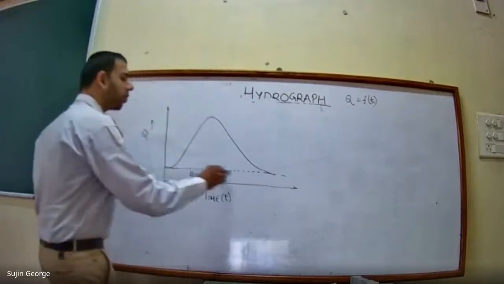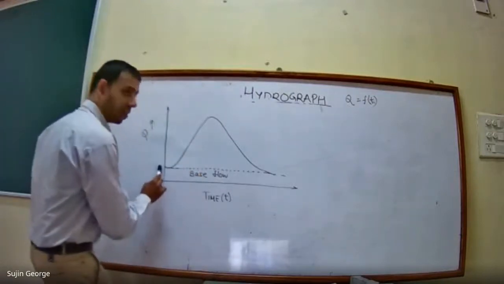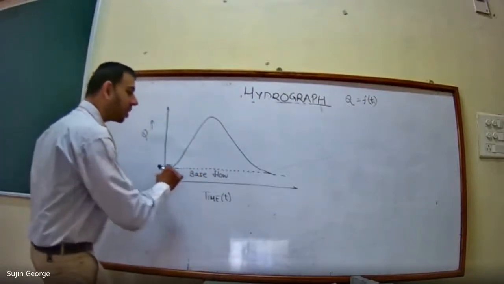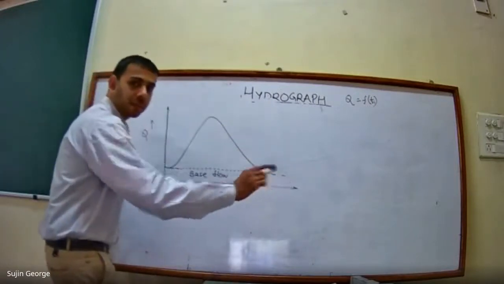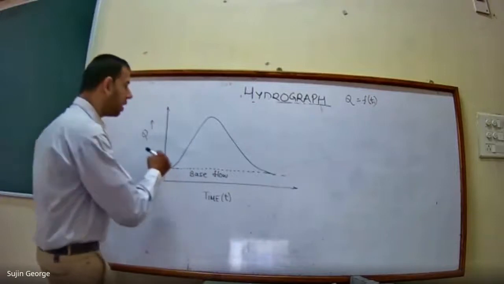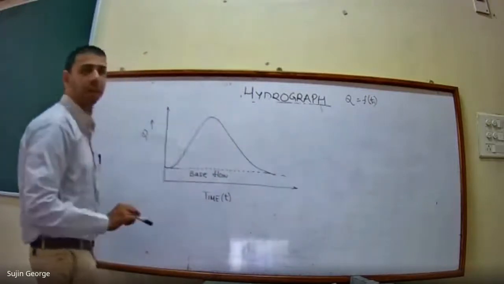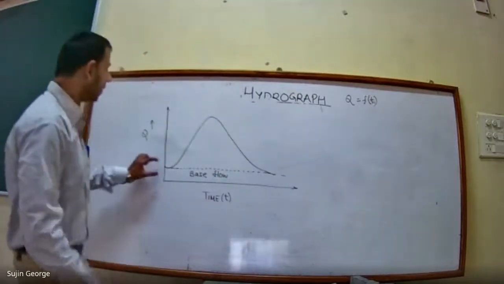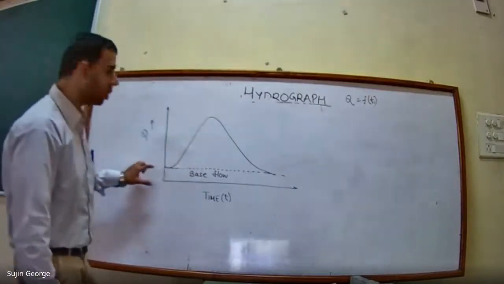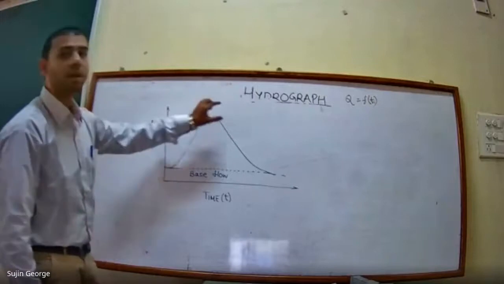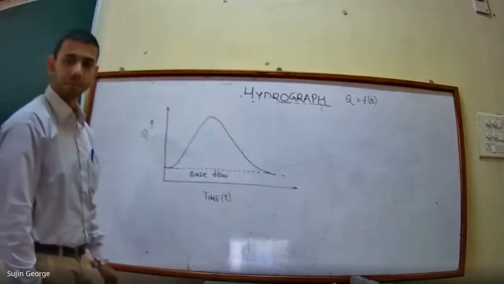That's why only after this base flow will the runoff start. Hence, this is not shown from the zero level. This is actually shown from some level above the base flow.